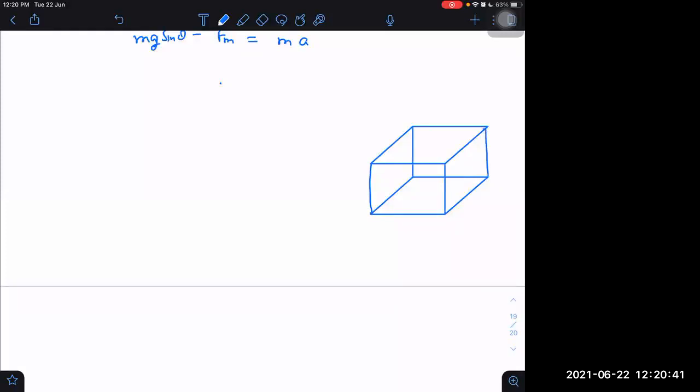It is not a cube. It appears like a cube now. Unfortunately, it is not a cube. This angle is not 90. This is theta angle. It is, let us say, V.